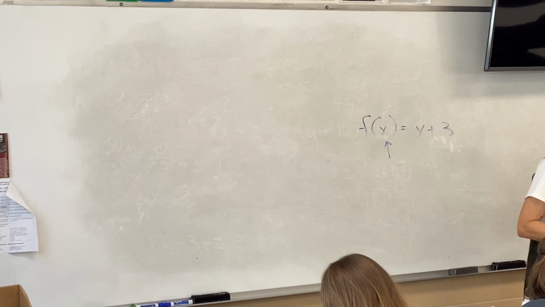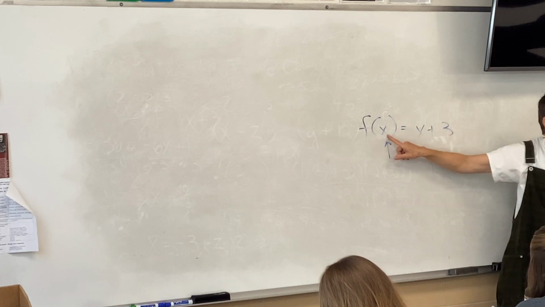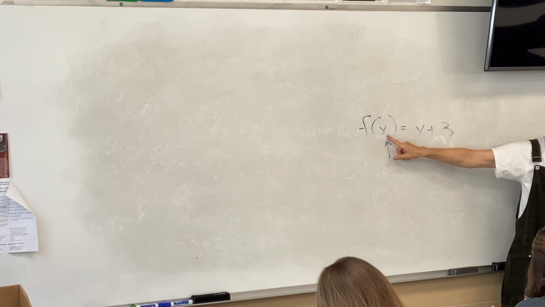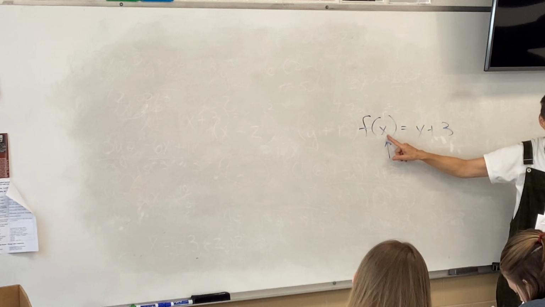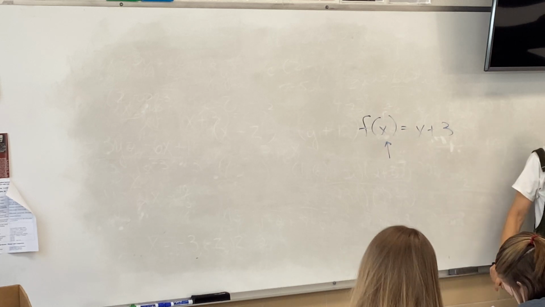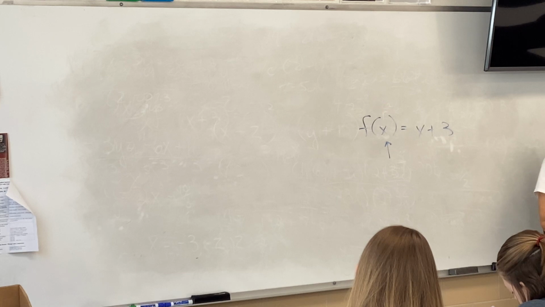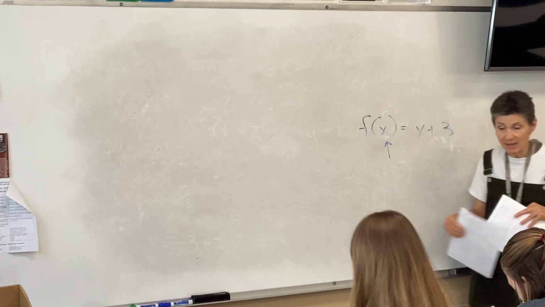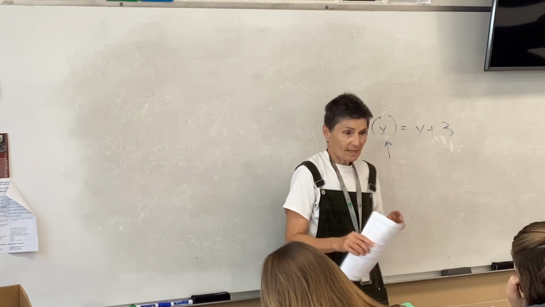Okay. Do you know another name for the input variable? It's called the independent variable. The output is called the dependent variable. Can anybody explain that to me? Why do you think that is, Morgan?